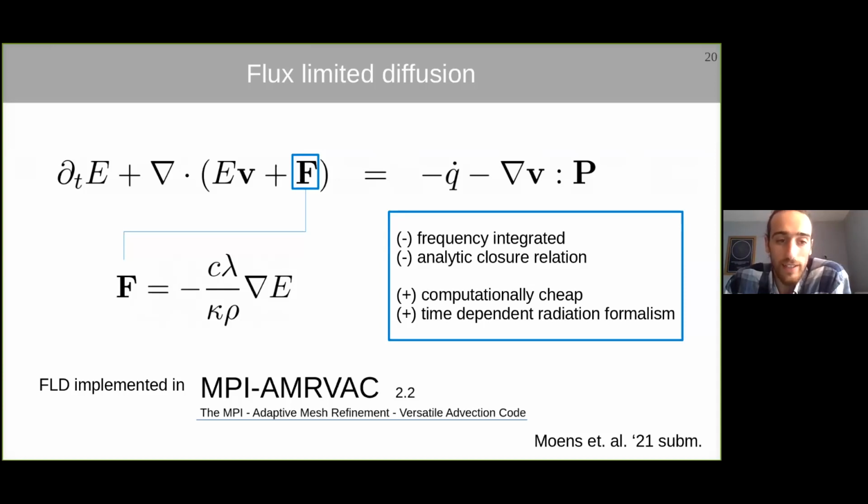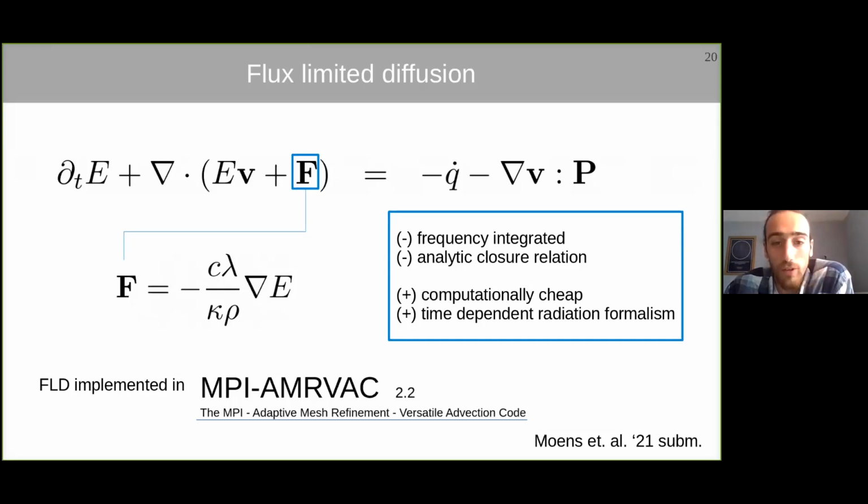Then we can say that the radiation flux depends on the local gradient of the radiation energy density, E. And then we put in a correction term for when we leave the diffusion regime and go to a more free streaming regime. So we can express our radiation flux as the gradient of E times some constants in front, and again, the opacity is very important here.